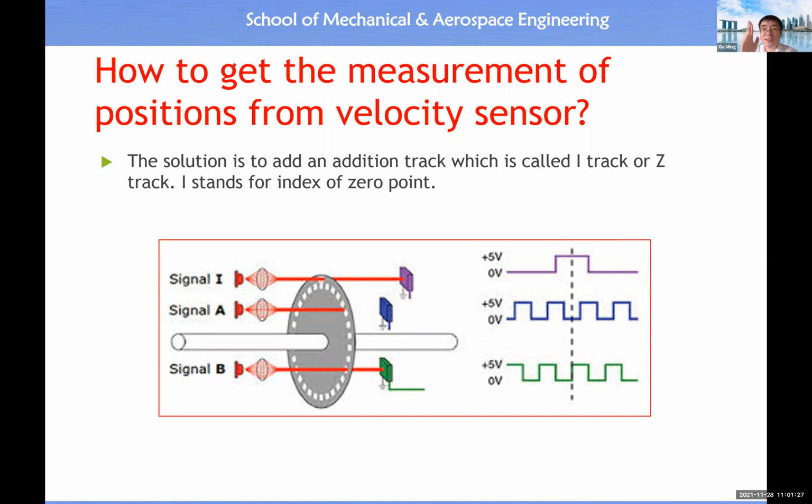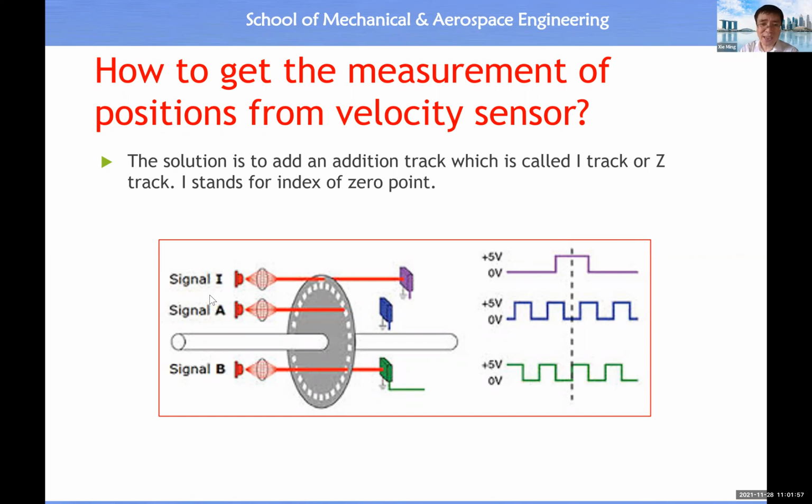So that means as long as we rotate the disk until this signal appears, then we treat that as a 0 position. At that position, we must remember what the count is, because once you power on your sensor, you do not know the start position of the sensor. Then you start to rotate, and your counter will start to count.